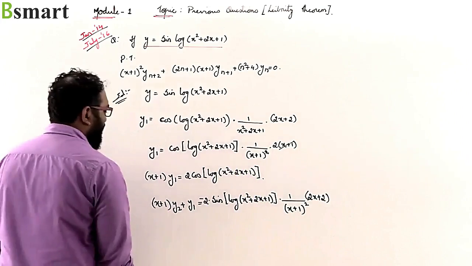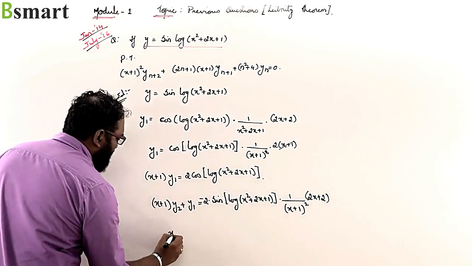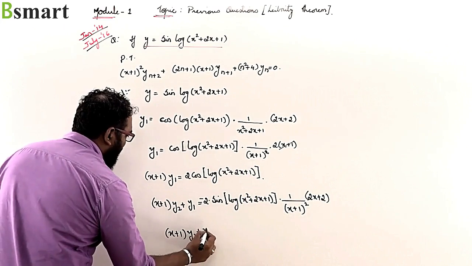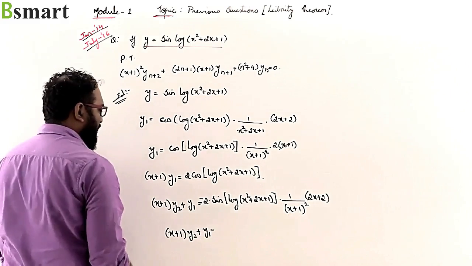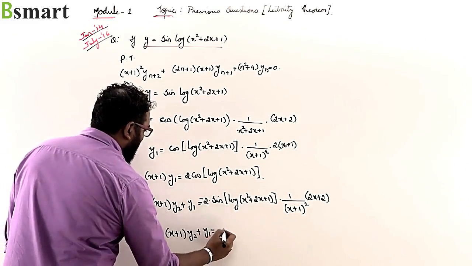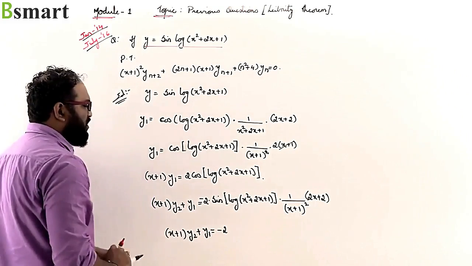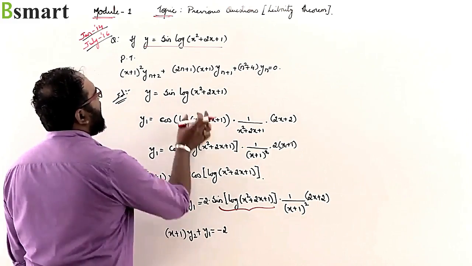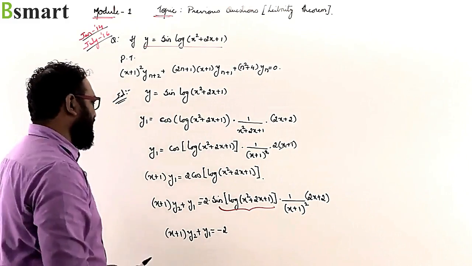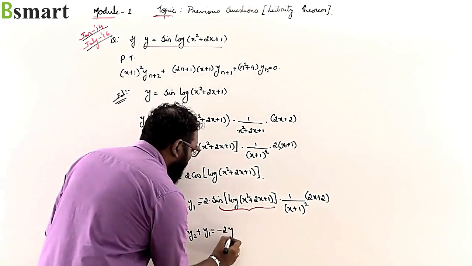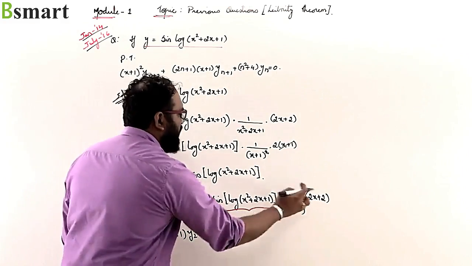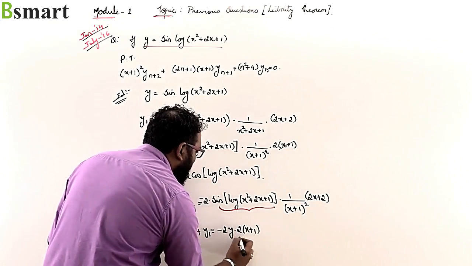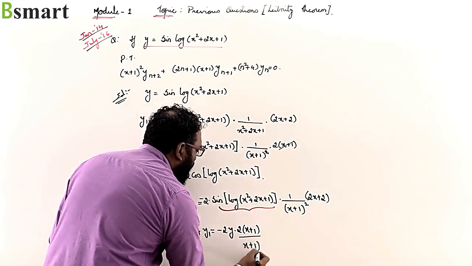So if we rearrange this term, x plus 1 into y2 plus y1 is equal to minus 2 into, now sine of log of x square plus 2x plus 1, can I write it as y? So then this term I will be writing as y into, again from this if I take out 2 common, that will be x plus 1 by x plus 1 whole square.